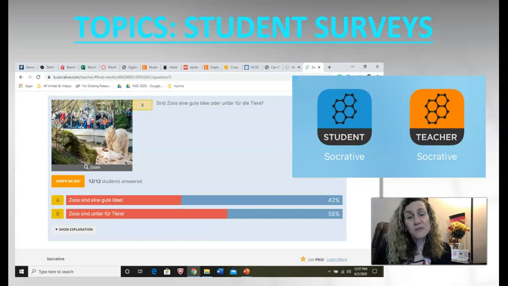So this shows me this would be a topic that we could really talk about, since students really fall on both sides of the issue. And in fact, my novice level students did talk about this and debate this, and we're talking novice mid. So in just a little bit, you're going to find out how they accomplished what is a relatively sophisticated topic already at the novice level.